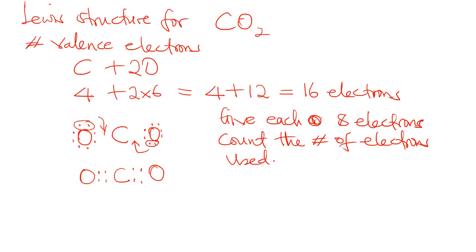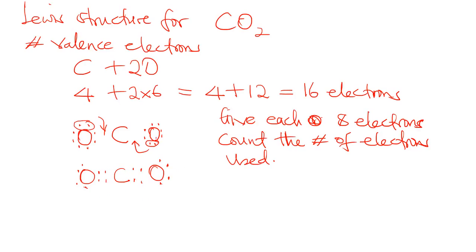Now because this one is gone, this part we are remaining with. So this oxygen here has 1, 2, 3, 4, 5, 6, 7, 8. This oxygen here also has 8. The carbon here has 8.